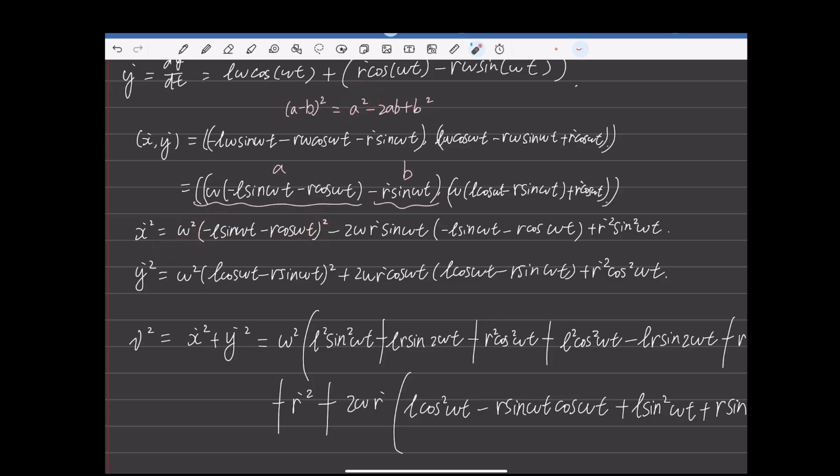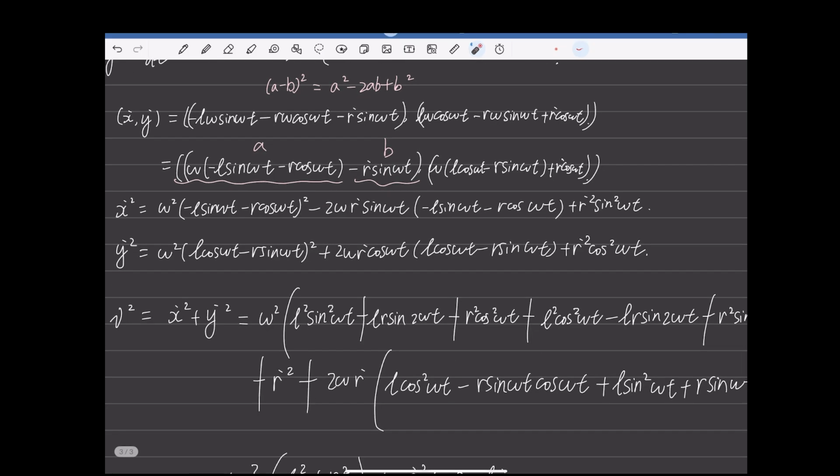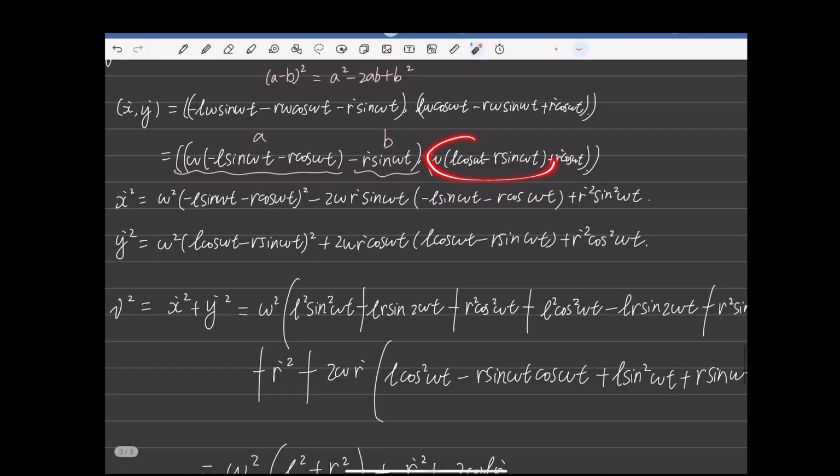And then minus 2ab. So 2a and b, you multiply them together and you get this expression. And then plus b squared. B squared is here, so it corresponds to here. So that's x dot squared. And y dot squared is the same logic. We square this term first, and it's here. And then we do 2ab, so this term times 2, and we get here.